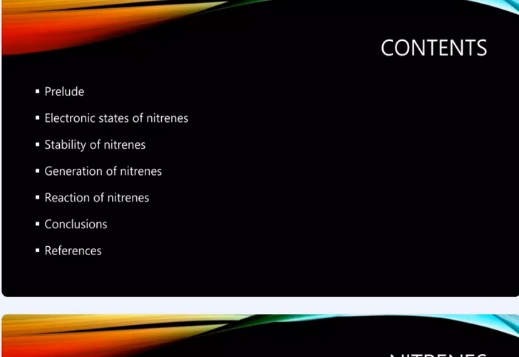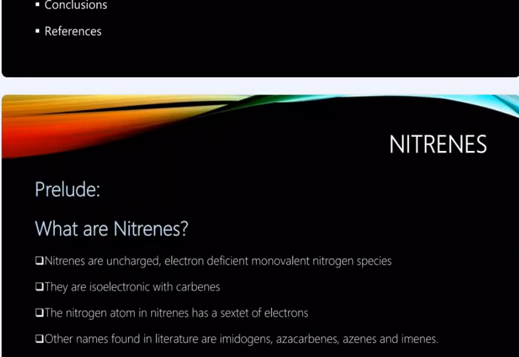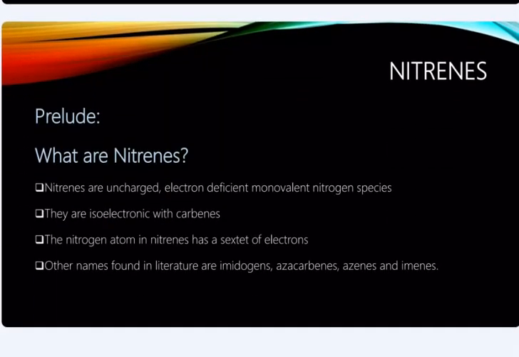Today in this video, I am going to talk about nitrene, electronic state of nitrene, stability of nitrene, generation of nitrene, reaction of nitrene, conclusion and references. So what are nitrenes?